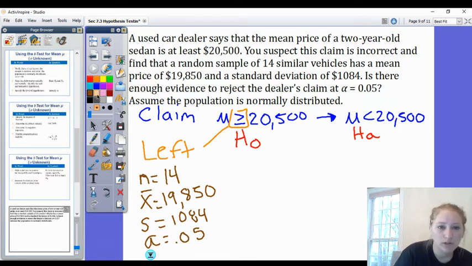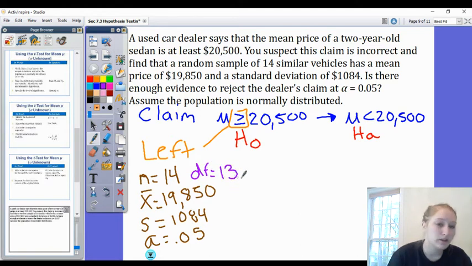My degrees of freedom in this case is going to be 13. Knowing that this is a left tail test, my degrees of freedom is 13 and I have an alpha level of 0.05, I can use the chart to find my t critical value, which is negative 1.771.